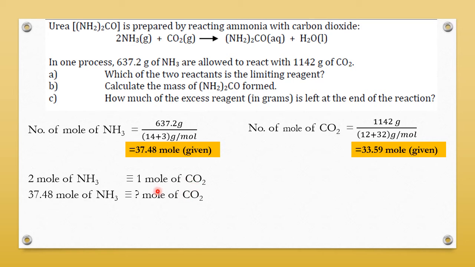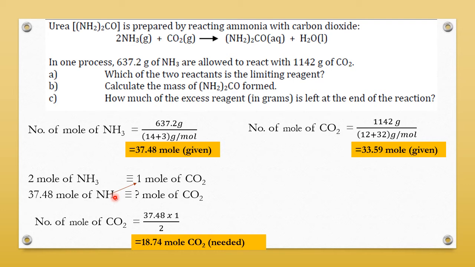The number of mole of carbon dioxide can be found by using the cross multiply method, which is 37.48 multiplied by 1 divided by 2. So I will get the number of mole of carbon dioxide needed is 18.74 mole. So if I have 37.48 mole of ammonia, I need 18.74 mole of carbon dioxide. So this is what I need.